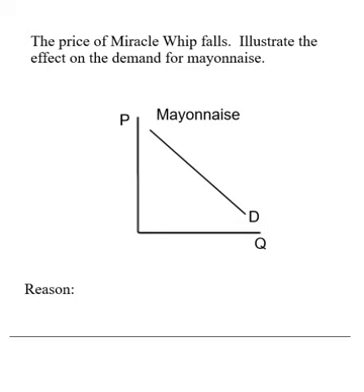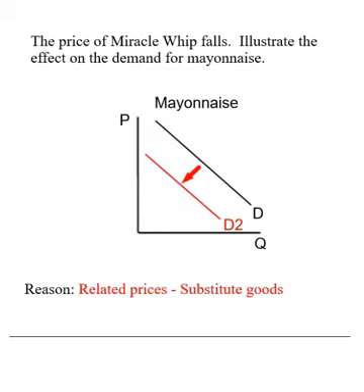If you drew Miracle Whip, it would be a whole different model, because for Miracle Whip, if the price of it is falling, that means that you would have a move along the demand curve for Miracle Whip. Mayonnaise, how is that related to Miracle Whip? Is there any connection between them that you can think of? Because that's the key to answering this question. So, Miracle Whip and mayonnaise are related goods. They are substitutes. You would buy one or the other.